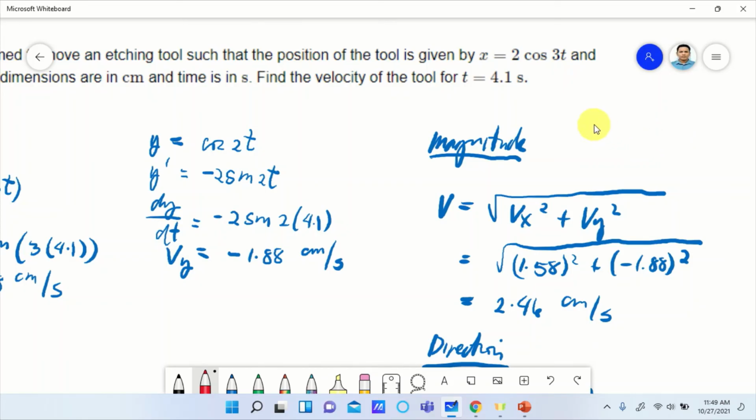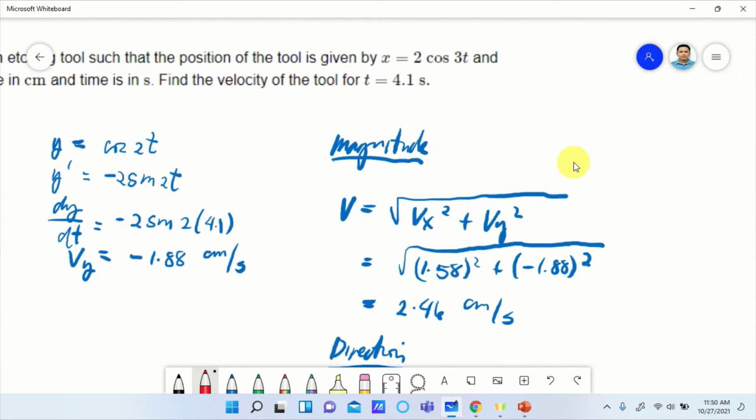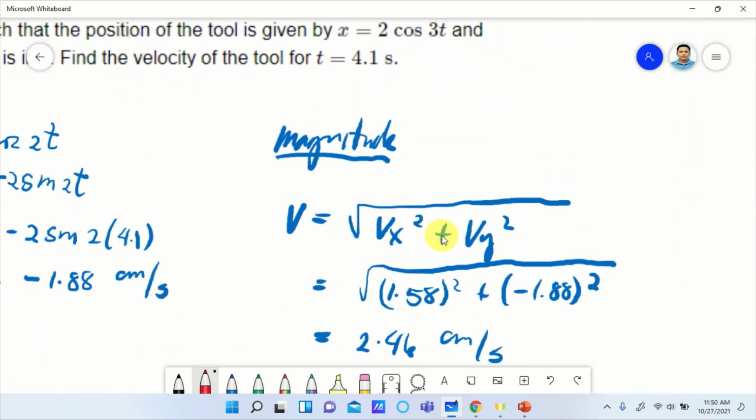You encounter this in the component method of finding the resultant vector. The magnitude is solved by the formula v is equal to the square root of vx squared plus vy squared.